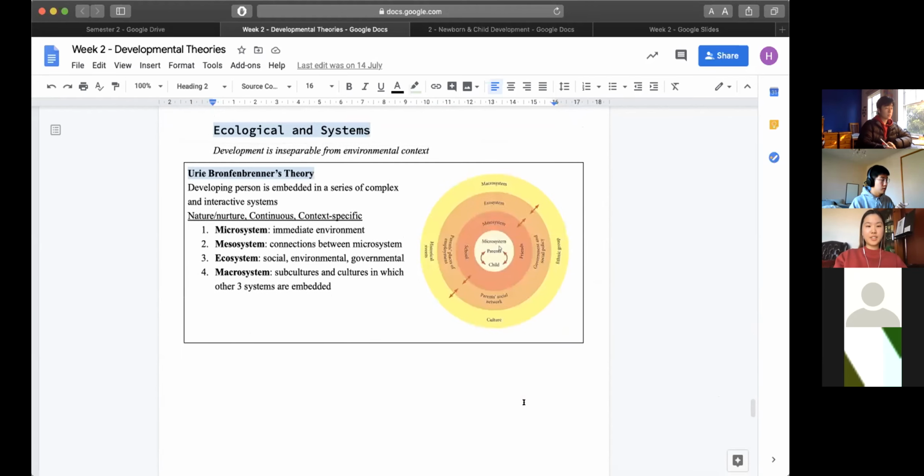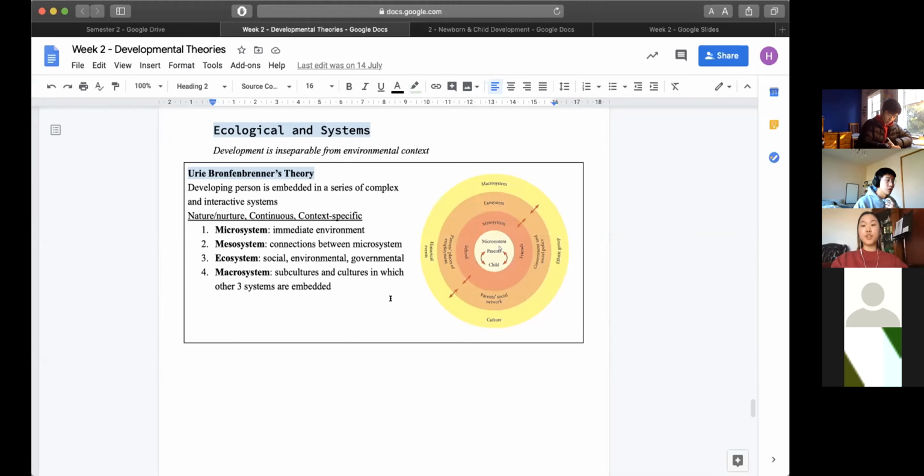And then we have Bronfenbrenner's theory. Basically, this is ecological and systems theory. This is the belief that development is inseparable from environmental context, which is what we kind of want. So this is continuous, and it's also context specific. Everyone is different.